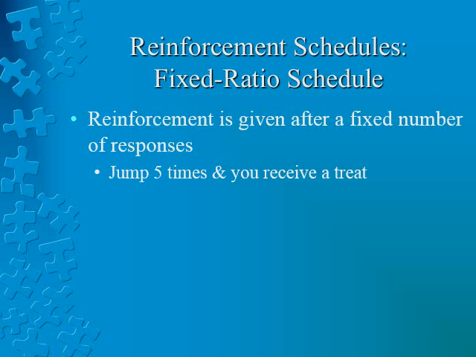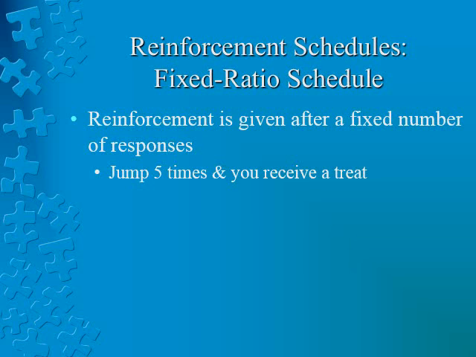Just as an example, let's say I'm trying to teach my dog to jump up and down, because why not? I want to teach my dog to just leap in the air, and I use a fixed ratio schedule. That means every 5 times my dog jumps, my dog will then receive a treat. And now, I'm not reinforcing the behavior every single time, which means that I'm making the reinforcement unpredictable.